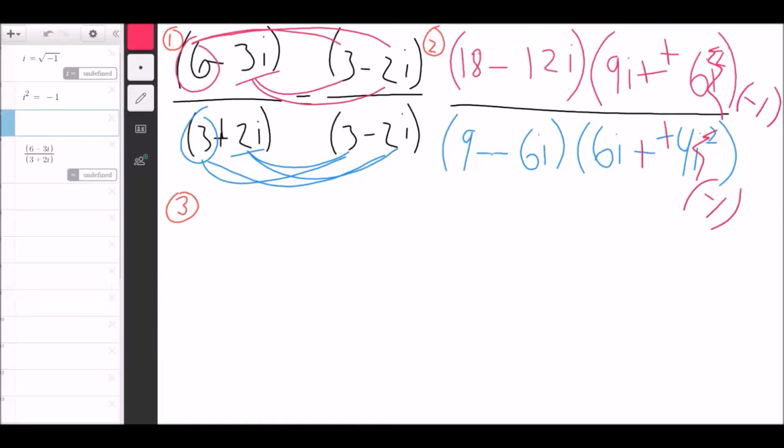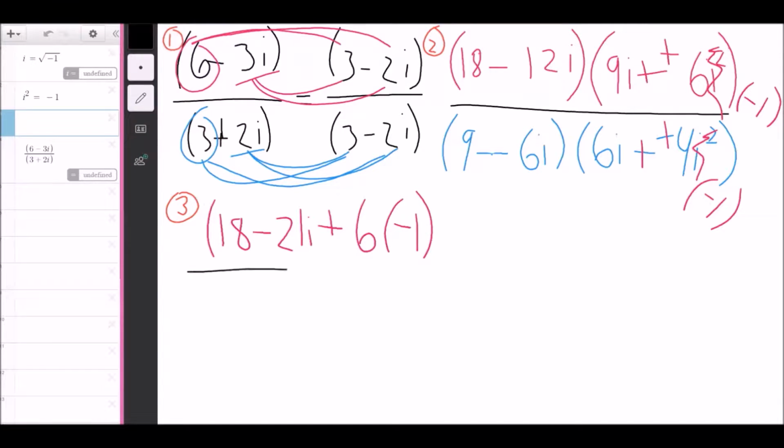So it's going to be 18 minus 21i plus 6 times -1. That's going to be over 9 minus 4 times -1.